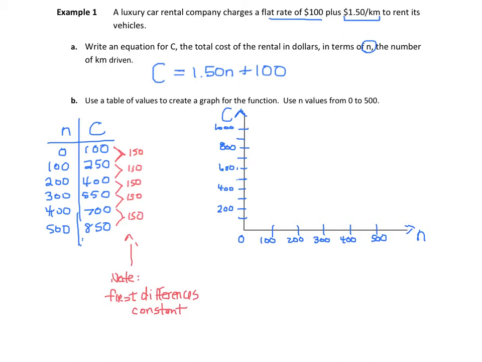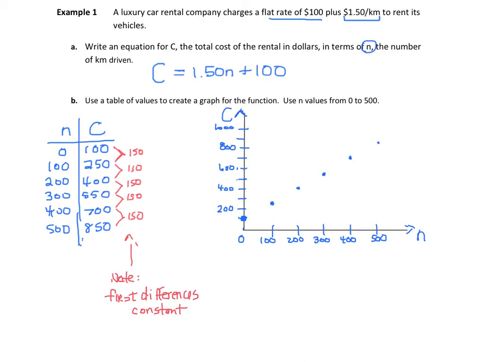So we have the points (0, 100), (100, 250), (200, 400), (300, 550), (400, 700), and (500, 850).